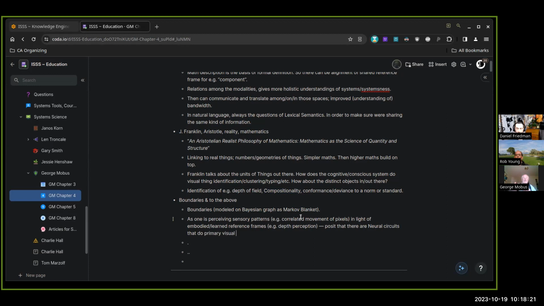So even something as primitive as an insect has neural circuits that allow it to identify this shadow is moving differently from this shadow, so these must be different things. I don't know if that really answers your question, but I do think that the brain has those innate mechanisms for determining that this is something unitary and of itself versus whatever else is going on.